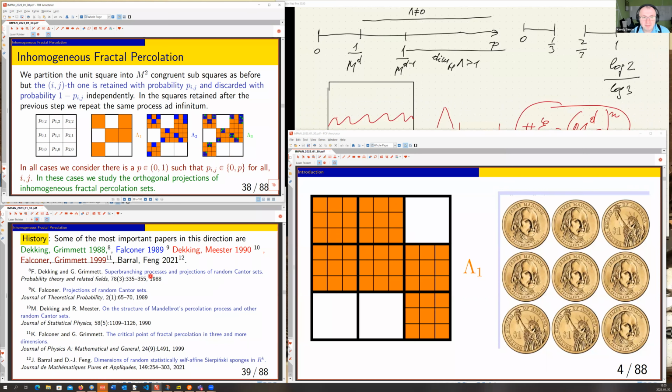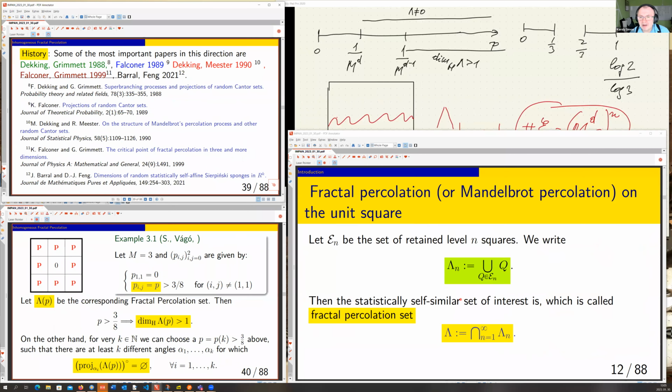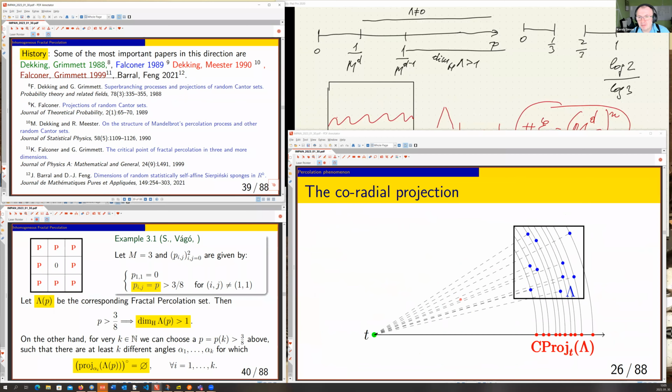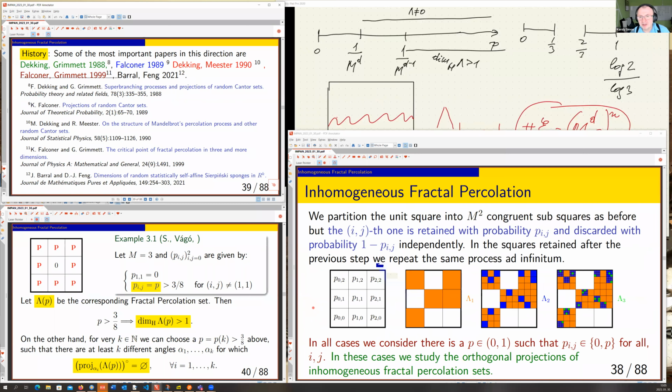So there are many papers. I would not like to speak too much about that. We would like to consider, as I mentioned, those cases when there is a probability P such that all the probabilities among these which are not 0 equal that same probability P.